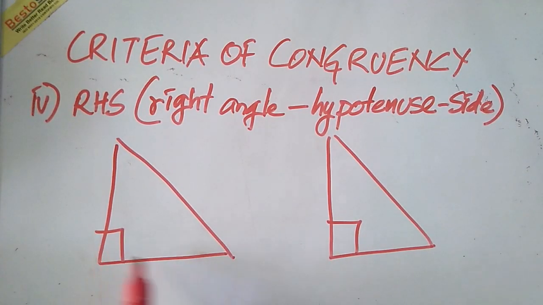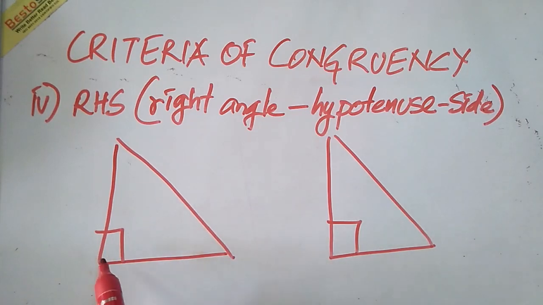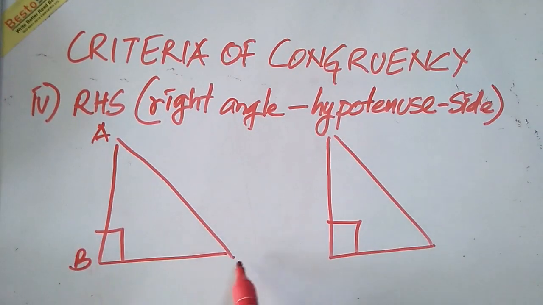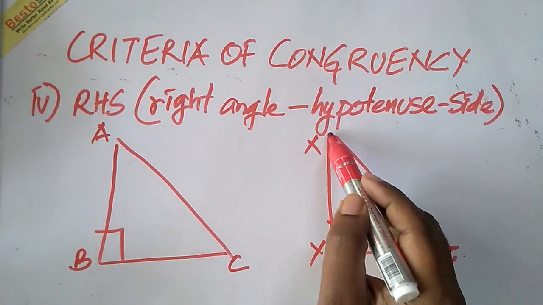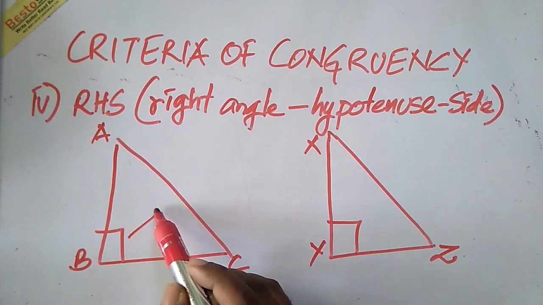Now this 90 degree shows that this is your right angle triangle, and like I said, hypotenuse is the side opposite to the right angle. I'll just mark them as A, B and C and X, Y and Z. So which is the side opposite to the right angle? In the first triangle it is AC.